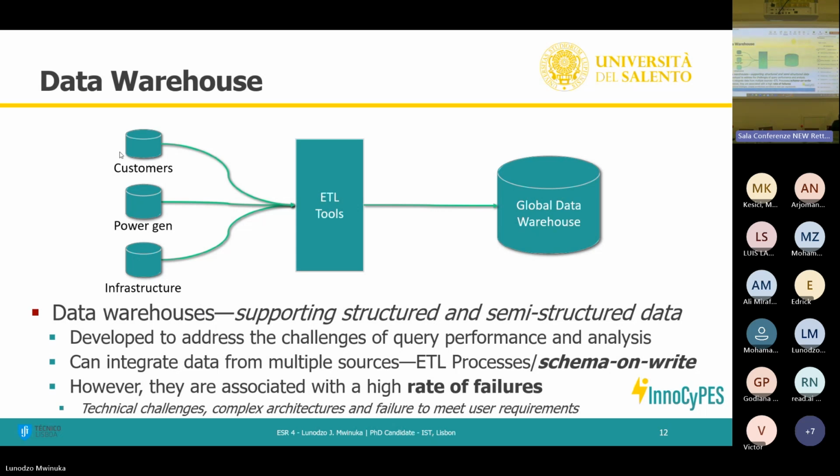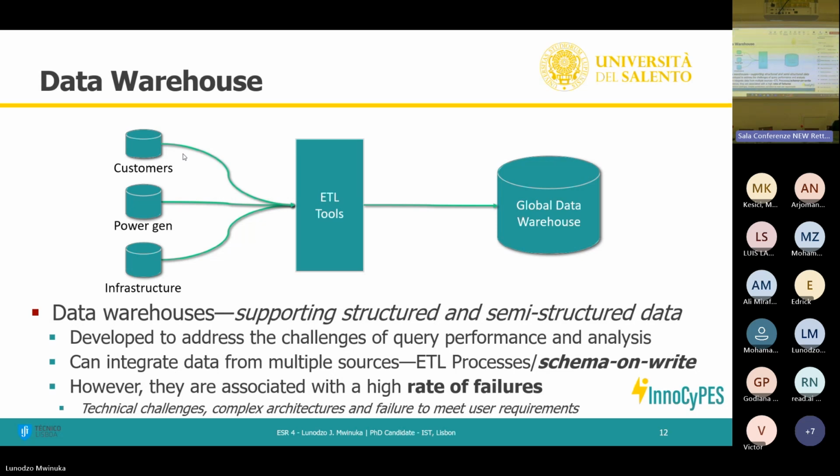So you might have different sources, like here, I'm presenting the customer database, power generation databases and infrastructure databases. Those are just random examples, it could be anything. These are mapped into a global data warehouse. But whenever they go through the ETL process, which I mentioned, extract, transform, and load into the data warehouse, this process makes sure that they abide by a predefined schema on that data warehouse.